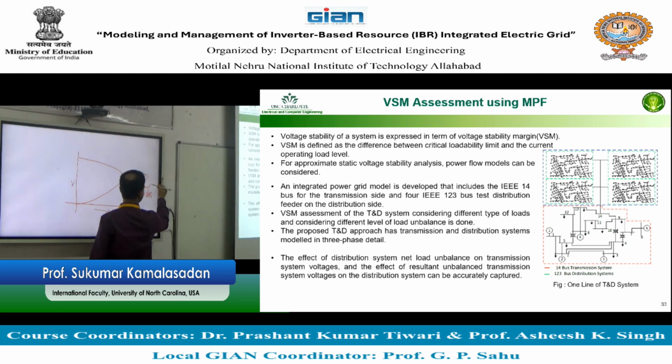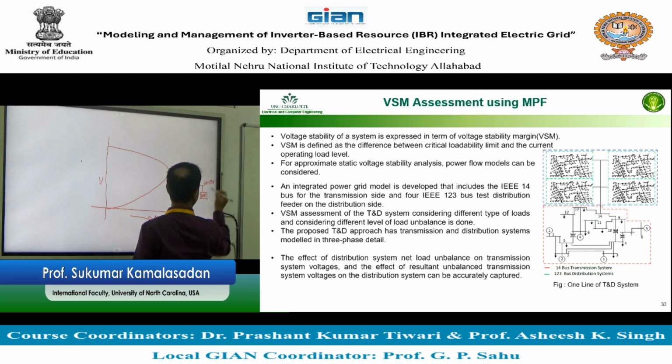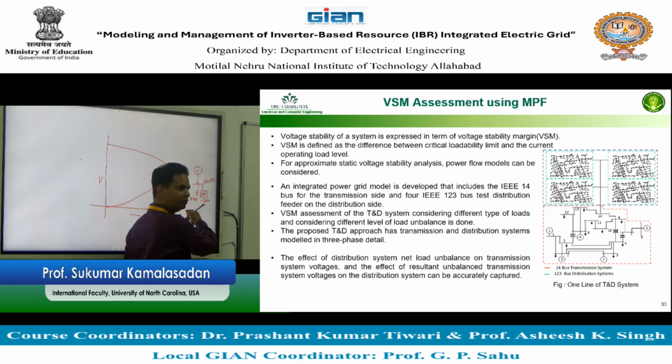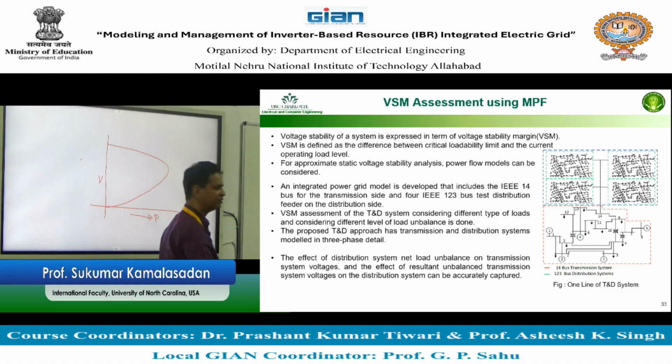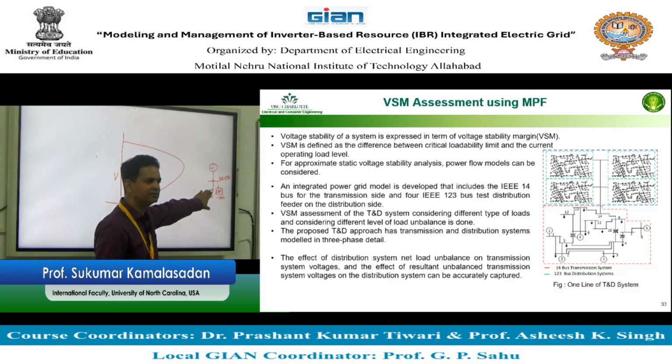This bus has a voltage equal to 0.98 and load 10 megawatt. PV farm, load minus 3. You see, I put 10 minus 3. You know what that means, right? So if you have a system like this, it is a normal condition, right?